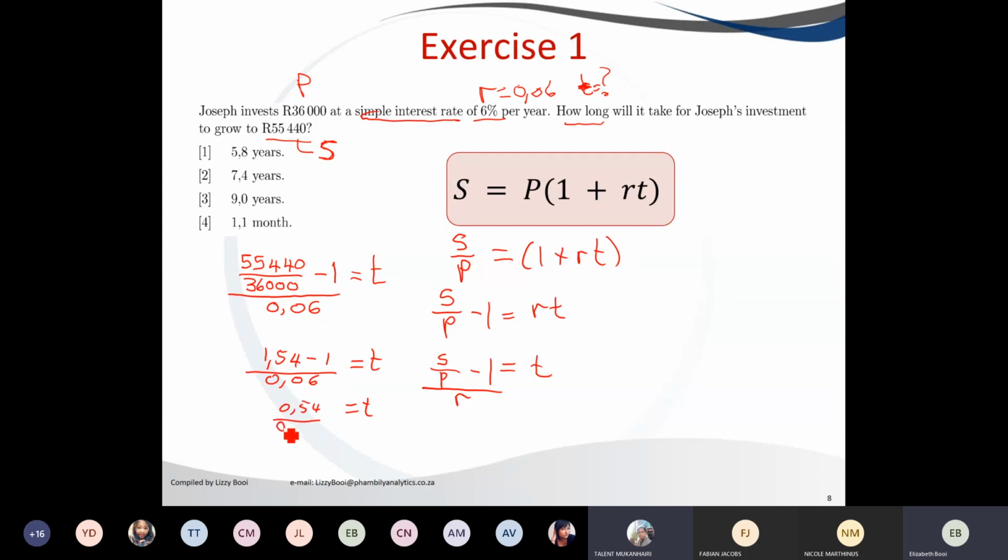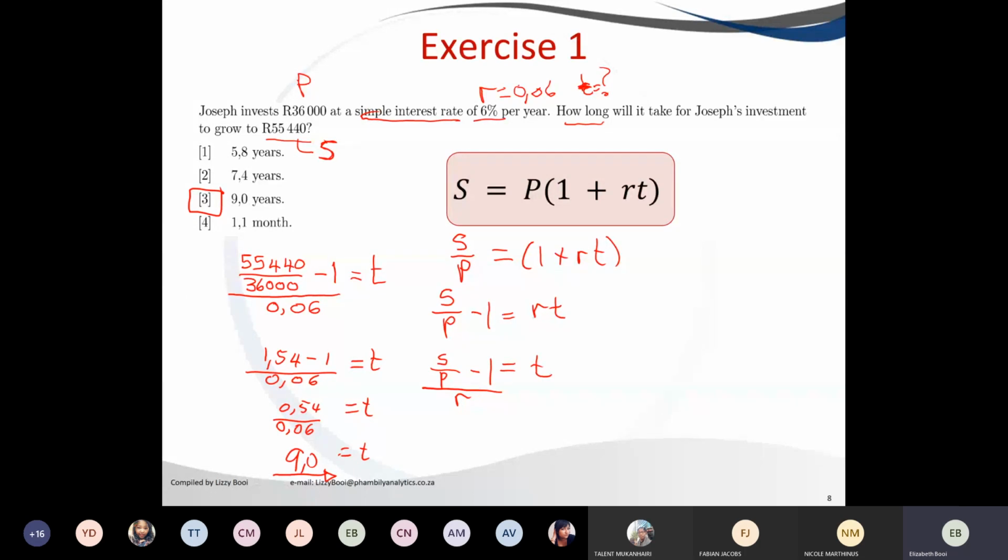And when you divide that by 0.06, your T becomes 0.54 divided by 0.06. You can turn off your microphone now. Thank you. 0.54 divided by 0.06 will give us 9.0 years or 9 years, which is option number 3. Thank you so much for helping us.